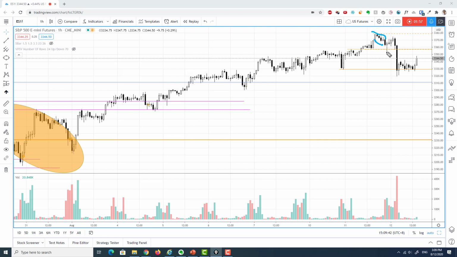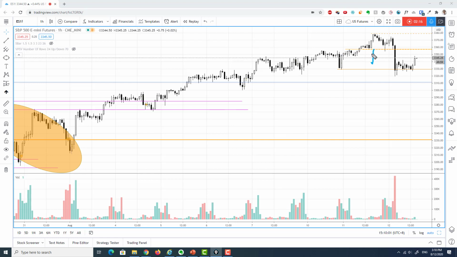This reaction actually tested the level that I anticipated, which was the previous swing high level near 33.55, very close to the non-RTH low as well, as shown in this dotted line. I'm not sure if you can see it clearly, but you can see that a hammer bar formed here.